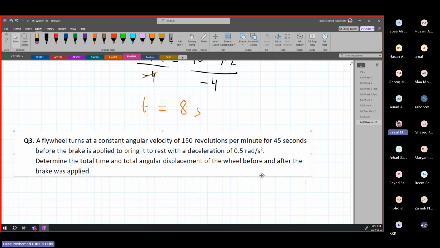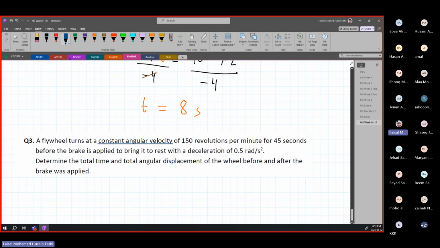All right, so question 3 says, a flywheel at a constant angular velocity. Look at the word here, constant angular velocity of 150 revolutions per minute. That means it has been going for a very long time constantly without the change of velocity. So this is our initial velocity of 150 revolutions per minute.